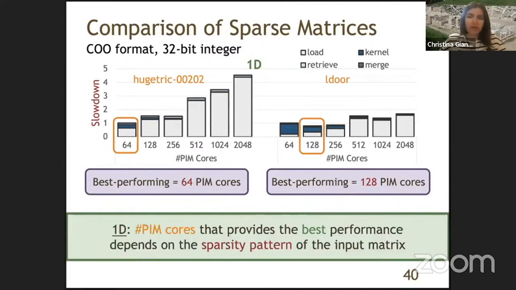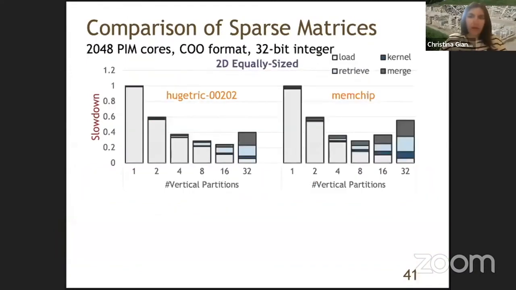In other words, the number of PIM cores that provides the best end-to-end SpMV performance depends on the characteristics of the input matrix, on the particular sparsity pattern that we have in the input matrix. And we have seen similar results in the 2D partition kernels.